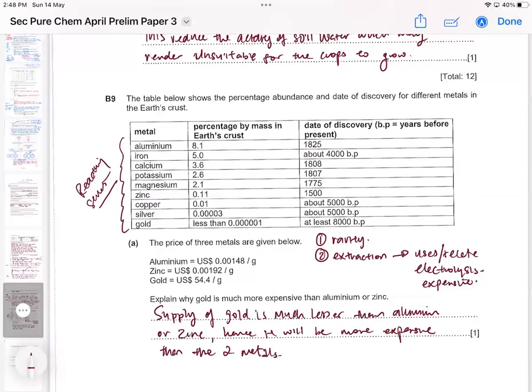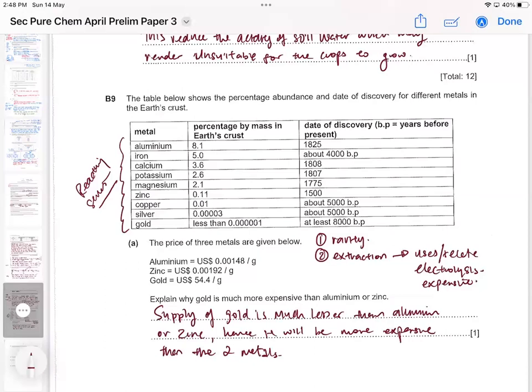So prior to the technology that allows you to extract them, they are probably just regarded as a metal ore. As of 4,000 years ago, you can extract iron, but you can't extract the rest. So being unable to extract due to technological advances, they were not discovered until more recent years, before that can be done.